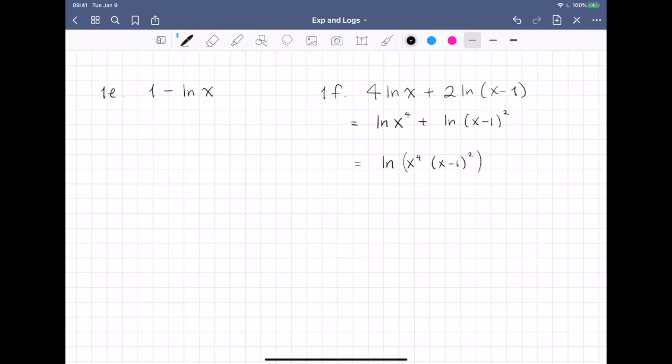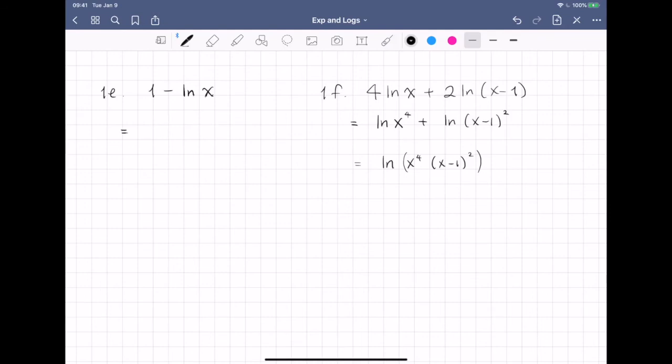Here, 1e, I need to combine 1 with ln of x. So if I want to use a log rule, the 1 has to change into some form of a log. And because the right side here is natural log of x, I need to make 1 in terms of natural log.